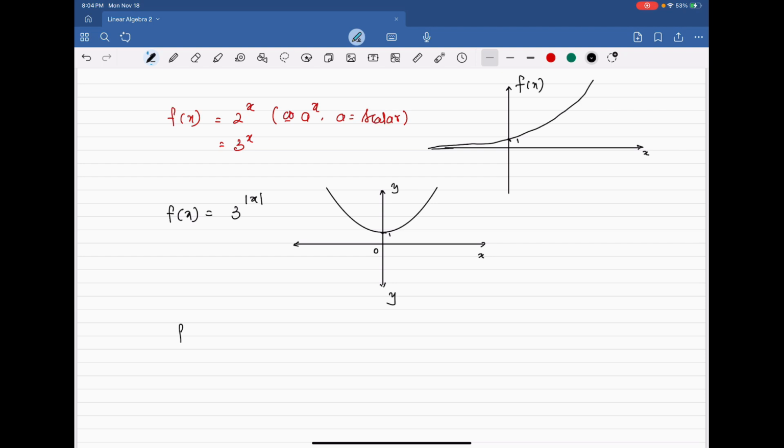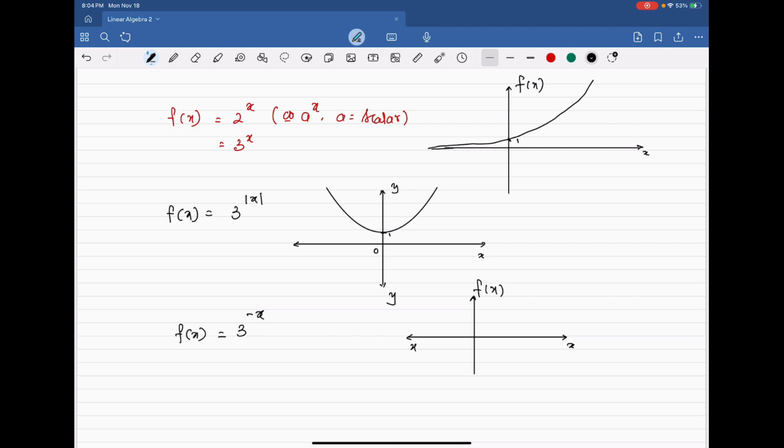And then function x is equal to 3 to the power of minus x. How does it look? For the positive values of x, it will be going towards 0, because when x becomes plus infinity, it will be 3 to the power of minus infinity, which is 0.